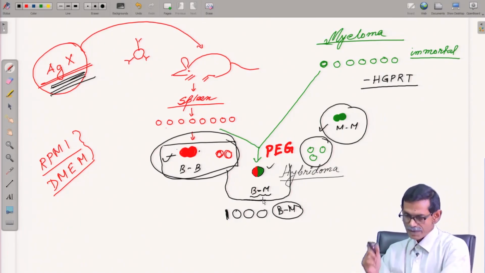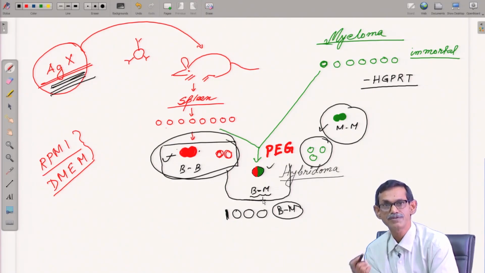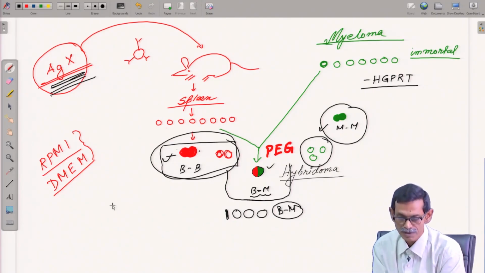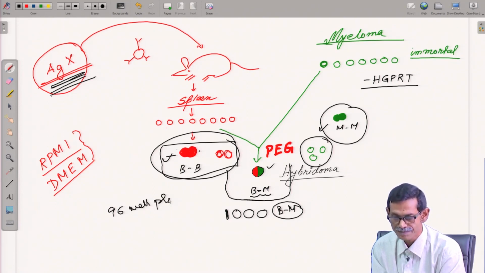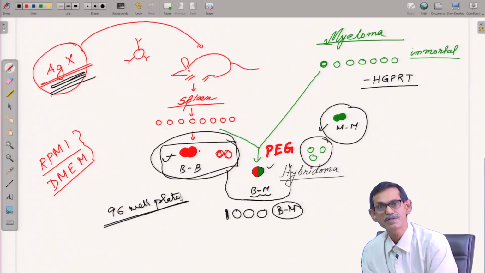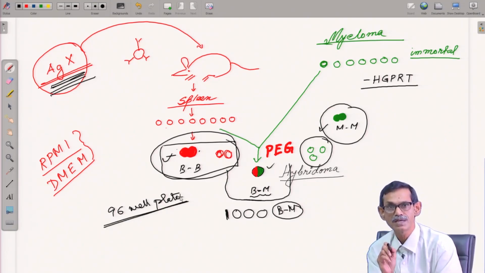So, I have to dilute in such a way. Normally we use a 96 well microtiter plate. So, we will dilute in such a way that each well should have one cell.